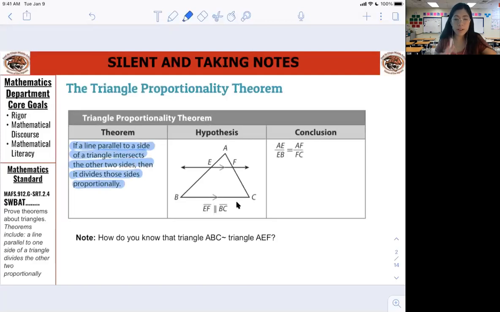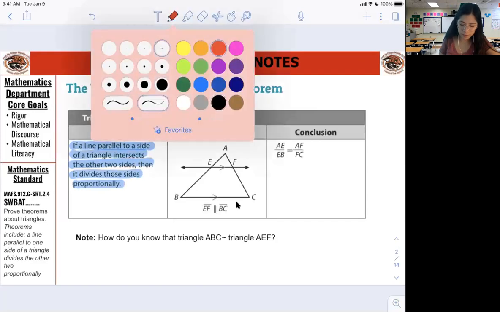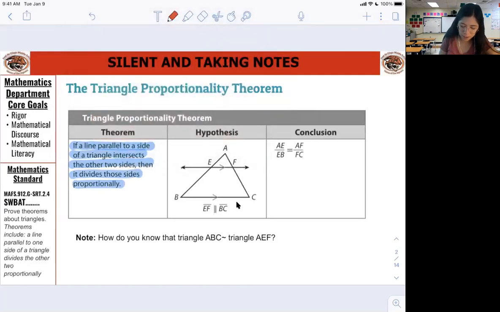So here's an example of what that means. There's a line that has to be parallel to one of the sides of the triangle. So in our example over here, here's a line that's parallel to the base. So these two are parallel. And what it does is it creates a proportion. Let's take a look at what that proportion is.